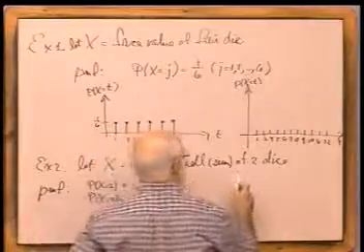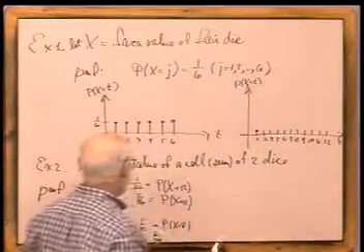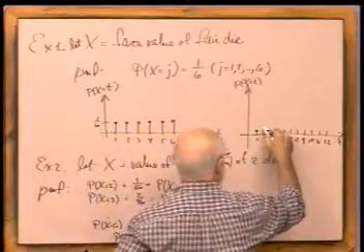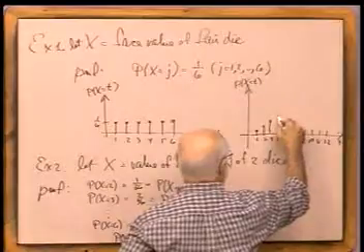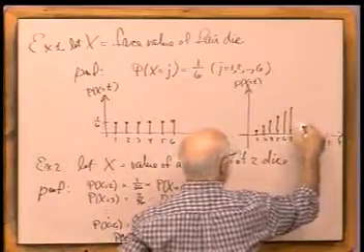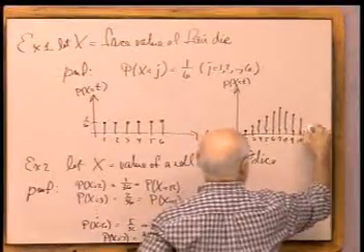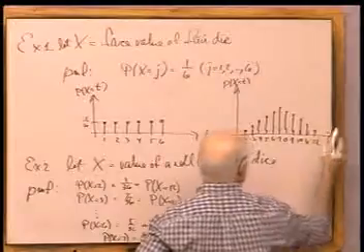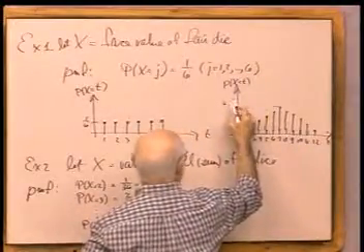So the probability of a 2 is 1 over 36. And the probability of a 3 is 2 over 36. And 4 is 3 over 36. And then 4 over 36, and then 5 over 36, and then 6 over 36. And then 5, 4, 3, 2, 1. And this value right here is 6 over 36 or 1/6.